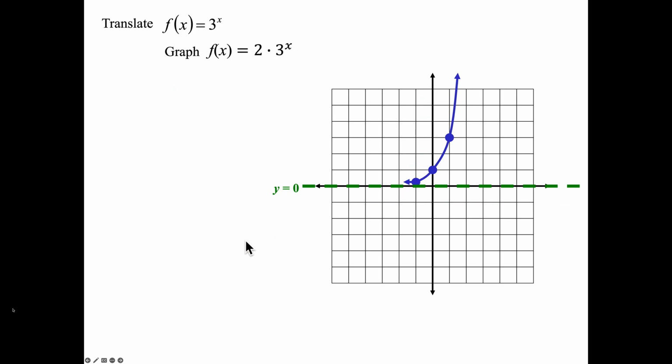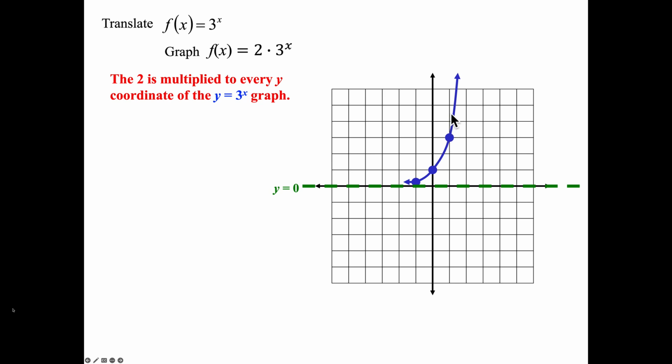Now here, there's a value being multiplied to my 3 to the x. So here's my a value of 2. So that 2 means that all my y coordinates of my beginning points are going to get multiplied by 2. So at this point here, I'm at (1, 3).